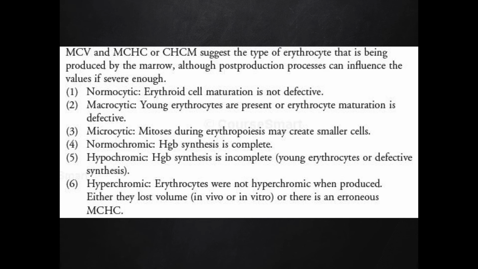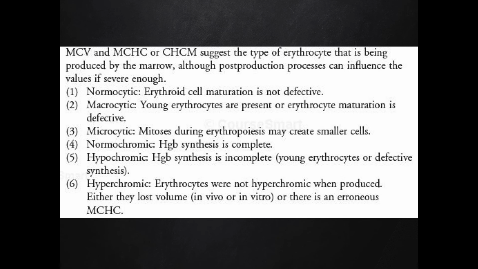In macrocytic, young erythrocytes are present, or erythrocyte maturation is defective. In either instance, young erythrocytes are present because of anemia and the body is able to compensate, or erythrocyte maturation is defective. In microcytic, usually there is an extra mitosis during erythropoiesis that may create smaller cells.